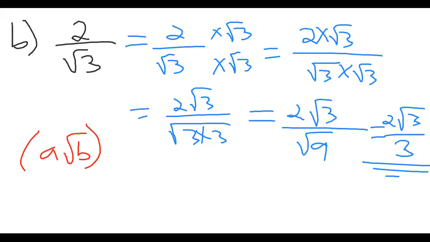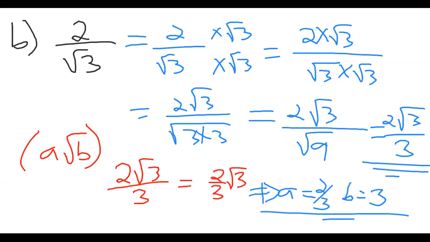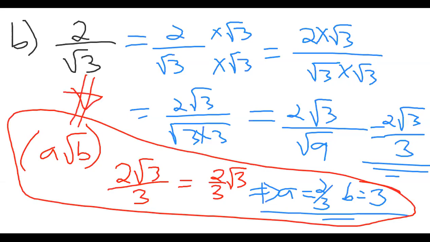And if your answer is 2 root 3 divided by 3, this is the same as 2 out of 3 root 3, which implies that your a is actually 2 out of 3, and your b is actually the 3, like that. This is just as a by the way. Express this in the form a root b. So it means that you're going to rationalize, you're going to remove the square root from the denominator, and you come up with that.